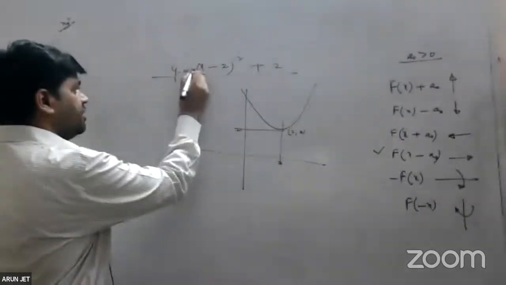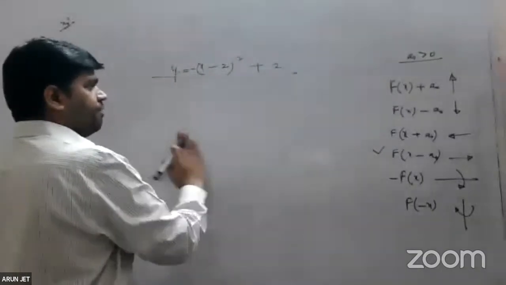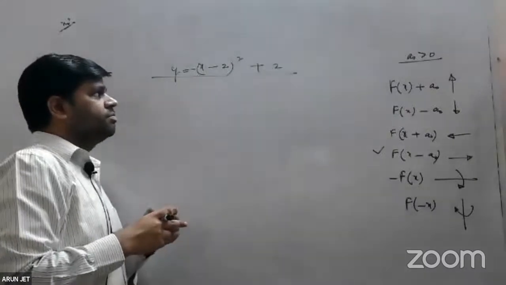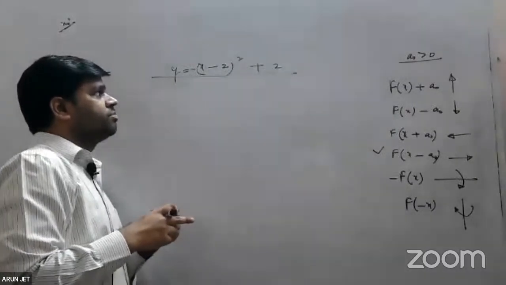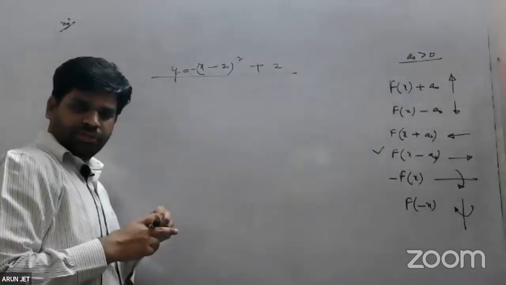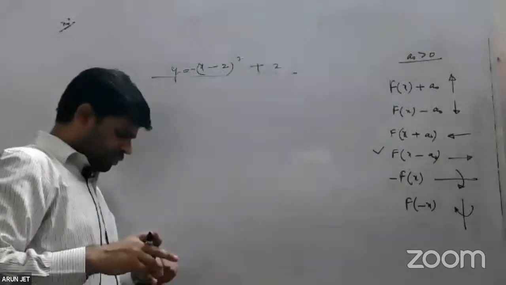Right? Now let's say I've got minus of x minus 2 whole square plus 2, then what do I do? Does this have roots?